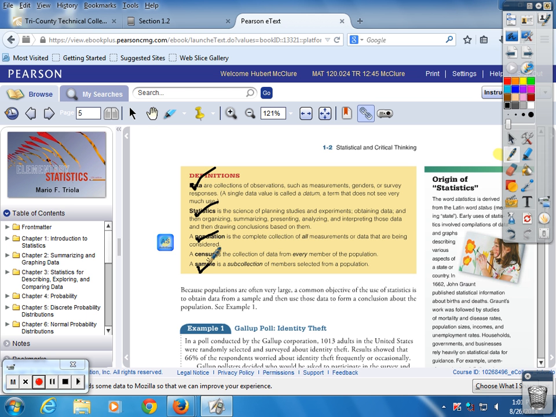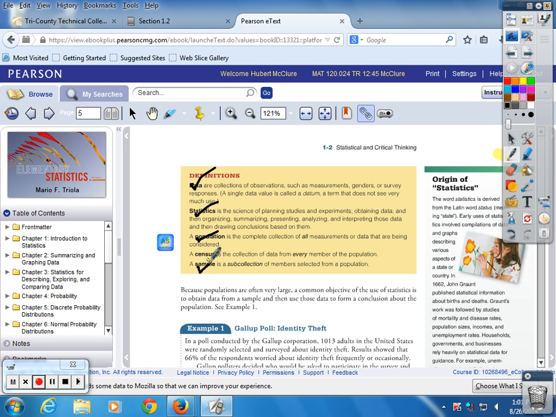Now, why is that good if I can do that with a small sample? Well, if I can do it with a small sample, then Michelin can do it with a small sample. And Bosch can do it with a small sample. And IBM and all these other big companies can do it with a small sample. What does a small sample mean to a big company?